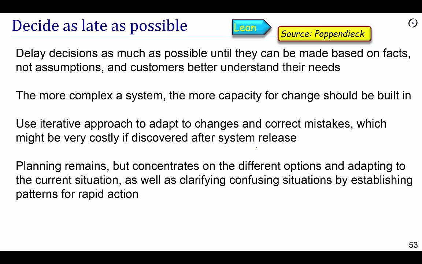The danger here is to decide because we have to decide, but we don't have the information that enables us to make the right decision, and then we either have to live with the wrong decision or at a high cost correct the decision and scale back. So the justification here, for example, for the iterative approach is that it enables us to postpone some decisions and make sure that when we make the decision, we have the right information.